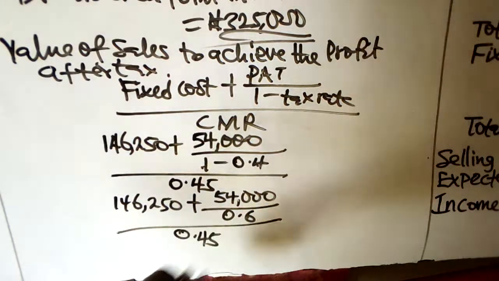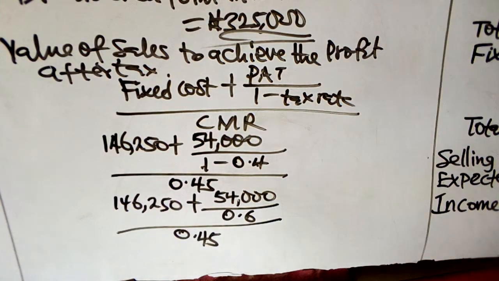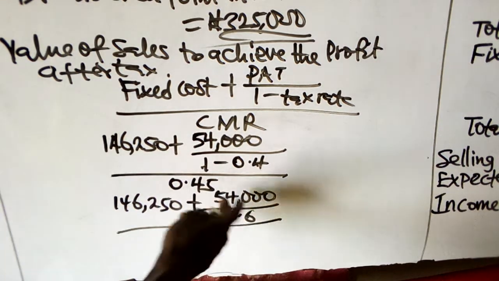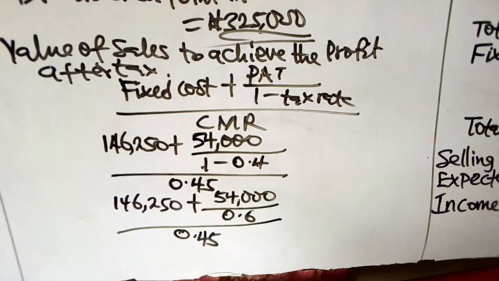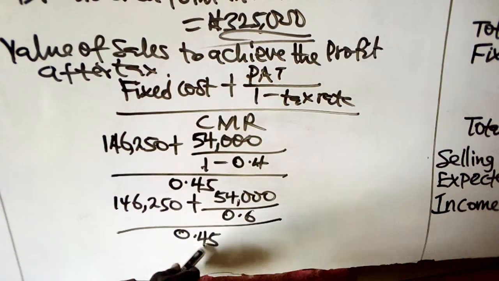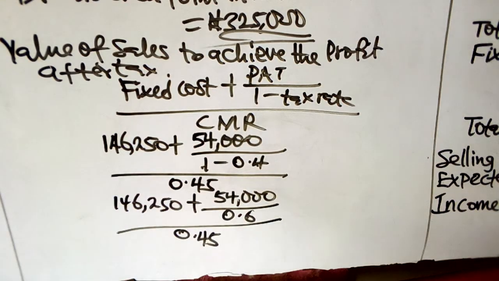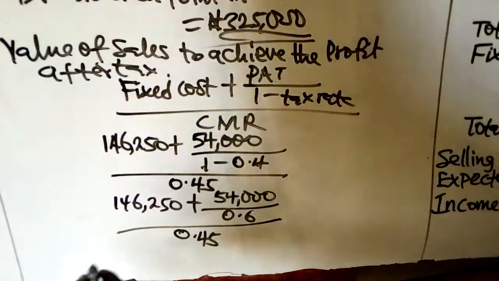You divide 54,000 by 0.6. 54,000 divided by 0.6, we got 90,000. 90,000 plus 146,250, the total of the numerator is 236,250. 236,250 divided by 0.45, so we have 525,000 naira.